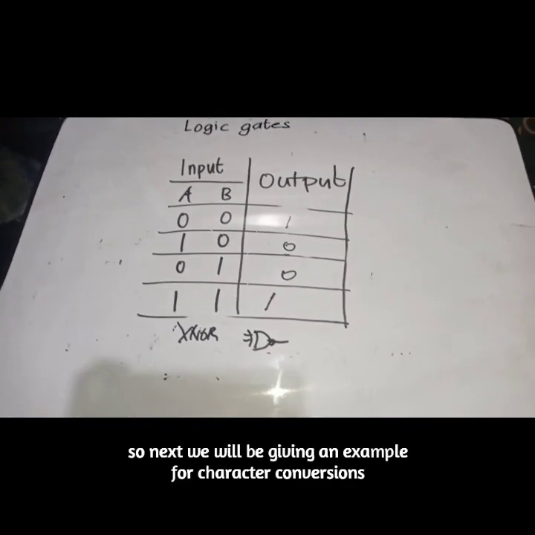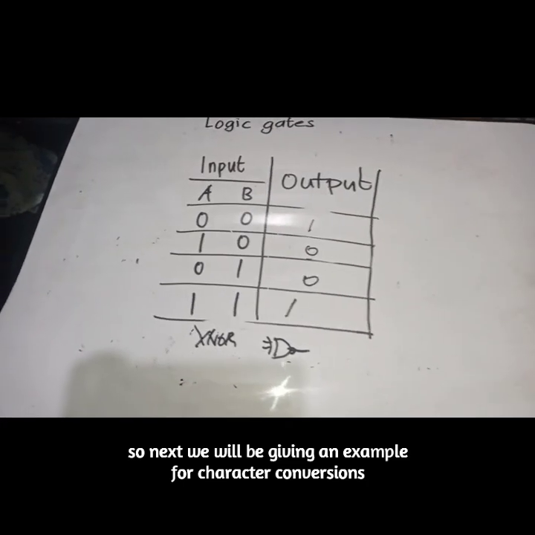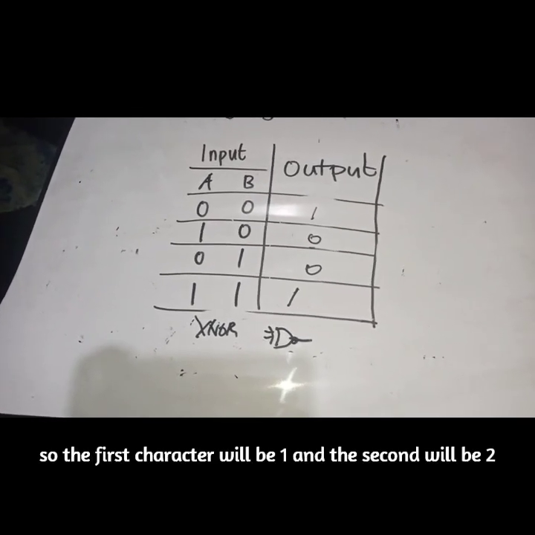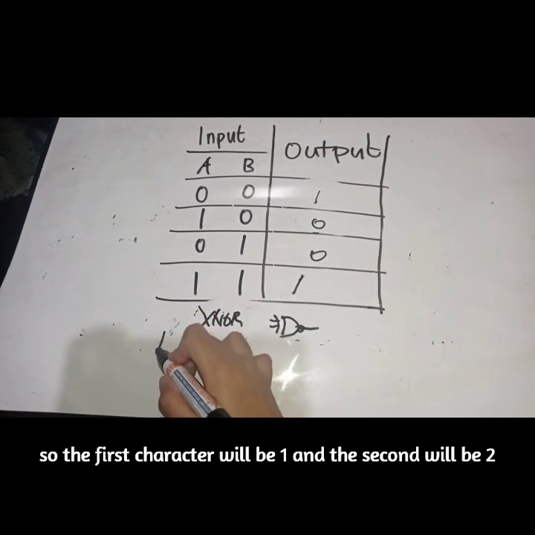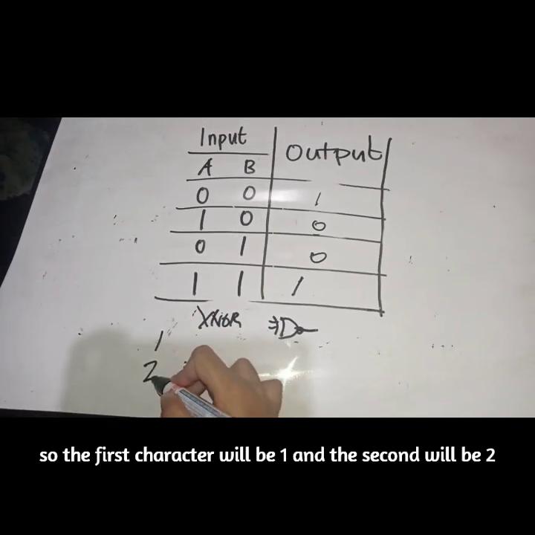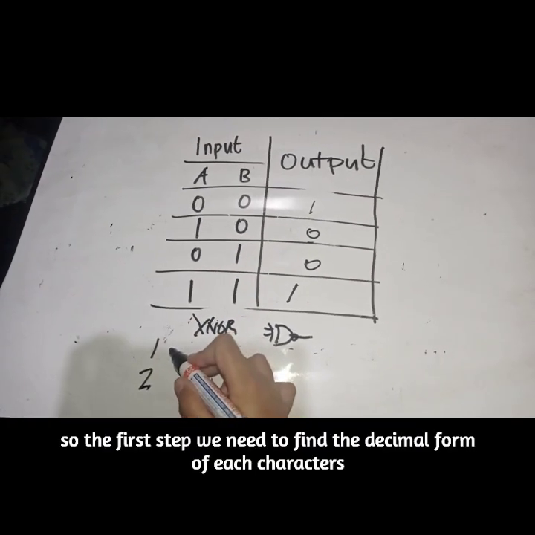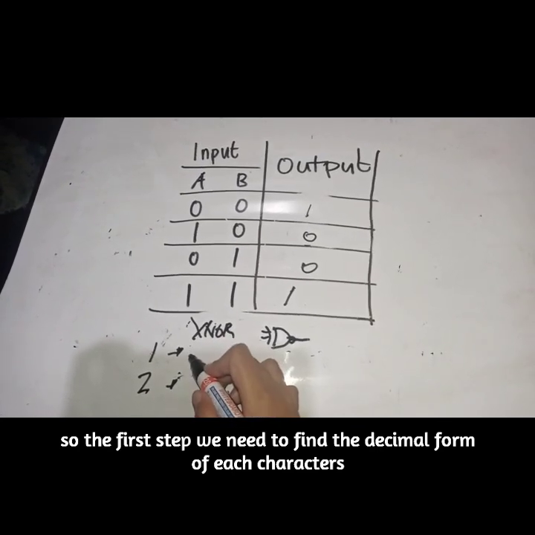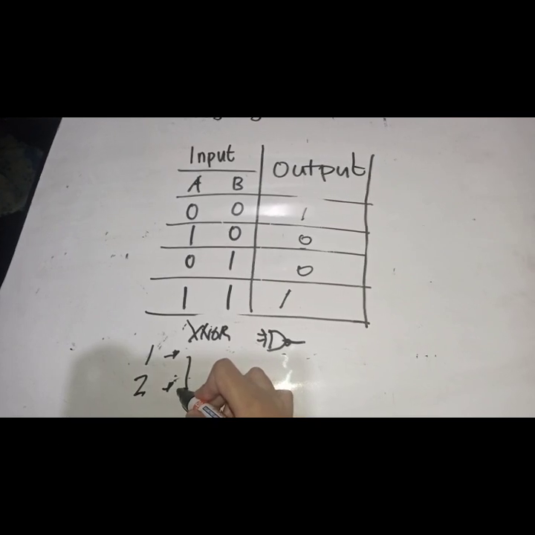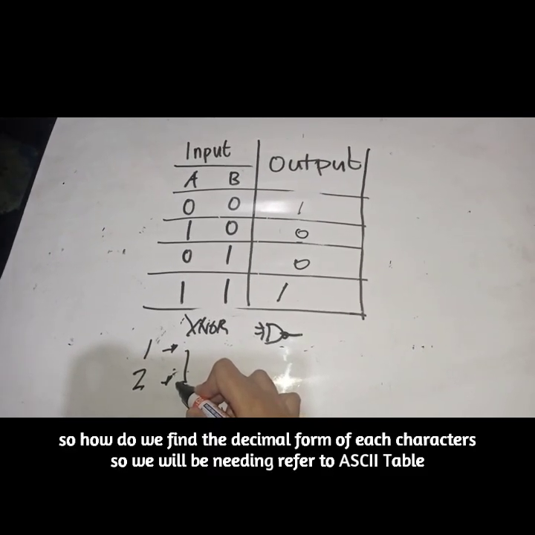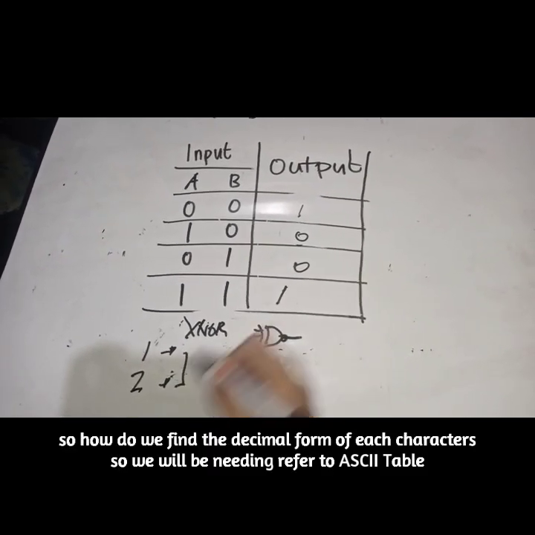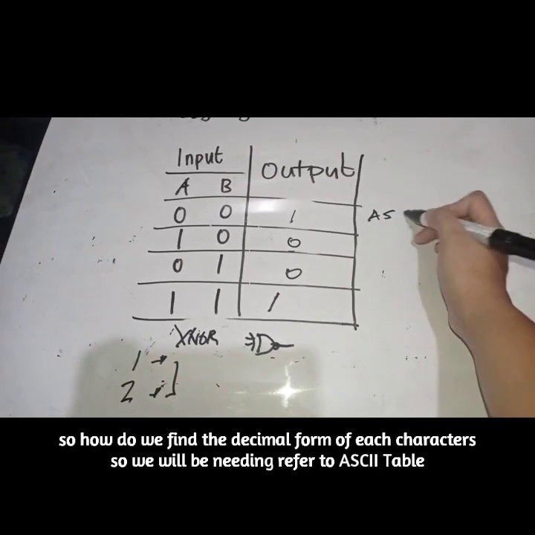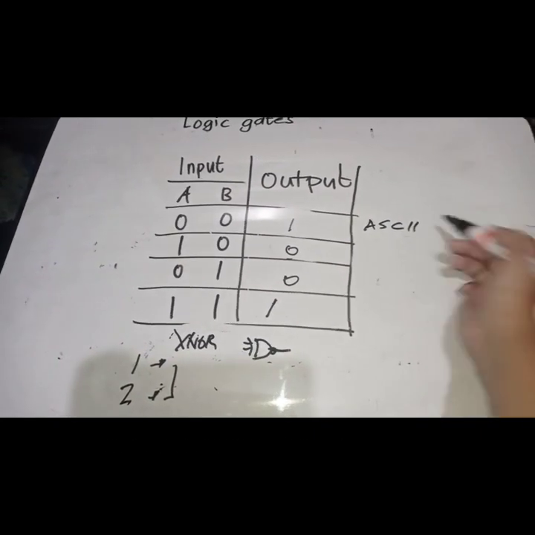So next, we will be giving an example for character conversions. So the first character will be 1 and the second character will be 2. So the first step, we need to find the decimal form of each character. So how do we find the decimal form of each character? We will need to refer to the ASCII table.